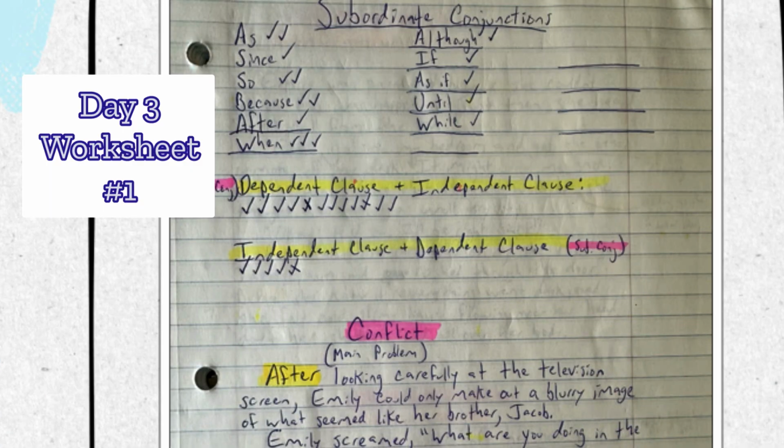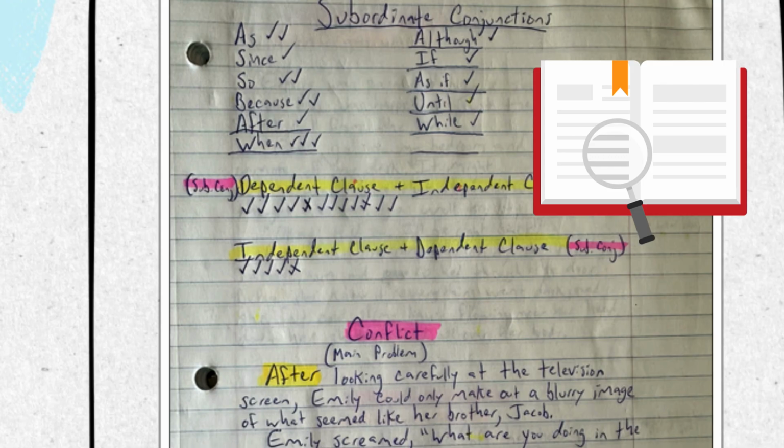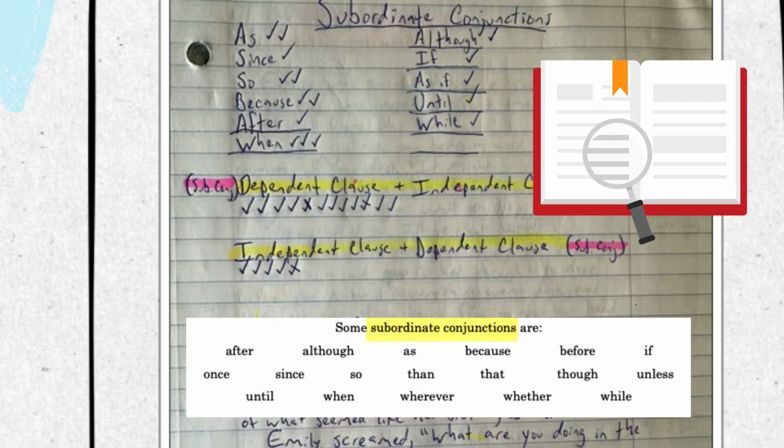So after they put the title Subordinate Conjunctions at the top, I did a little activity. We opened up a literature book. I looked ahead of time to see a page that had a lot of dependent clauses in it. And I asked them to look at their worksheet, look at the word bank, and find as many subordinate conjunctions as they could.